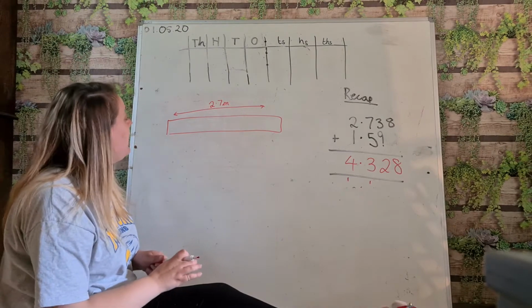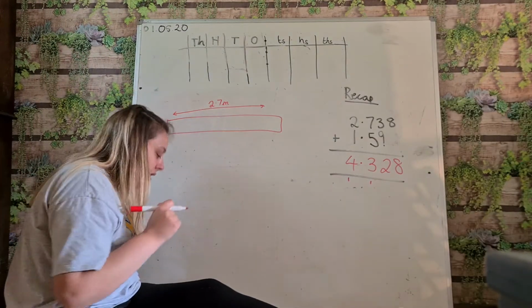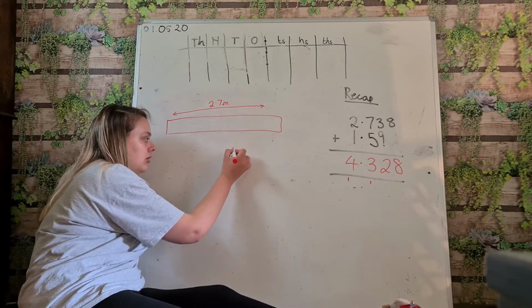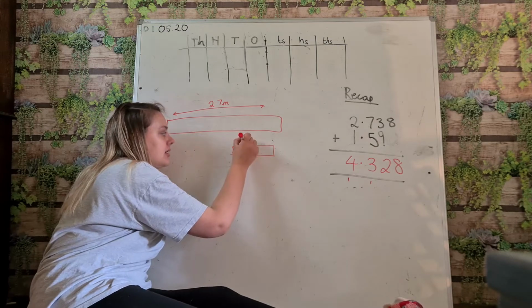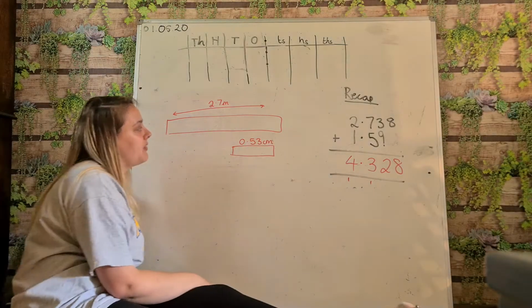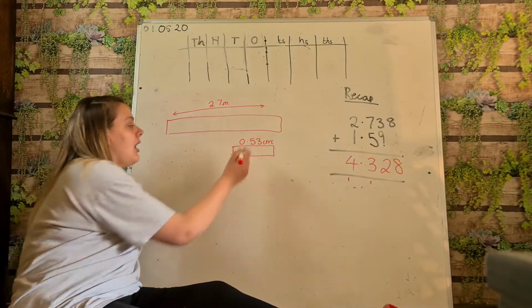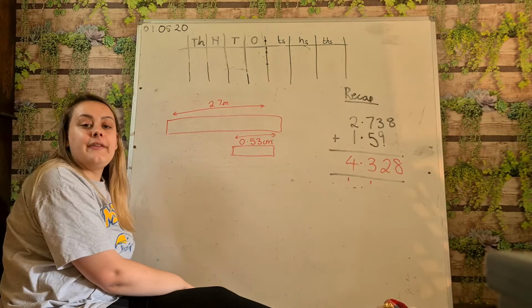Okay, a plank, and it's worth 2.7 metres. That's how long it is. Okay, I cut a plank off, and that is worth 0.53 centimetres. And the question asks me, how much of the plank is left?